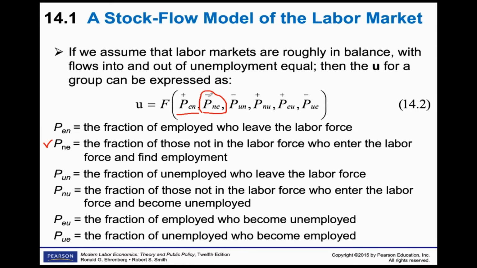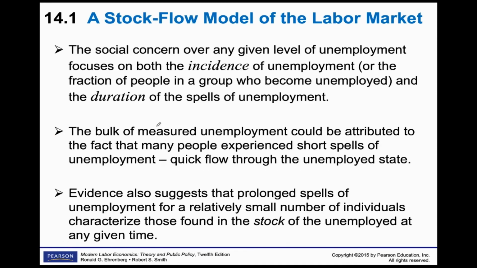That means the higher this fraction, the lower the unemployment rate will be. Note that we have 6 fractions here because there are 6 arrows in the stock flow model. Please observe each of them and figure out how each of them explains the unemployment rate in the economy.